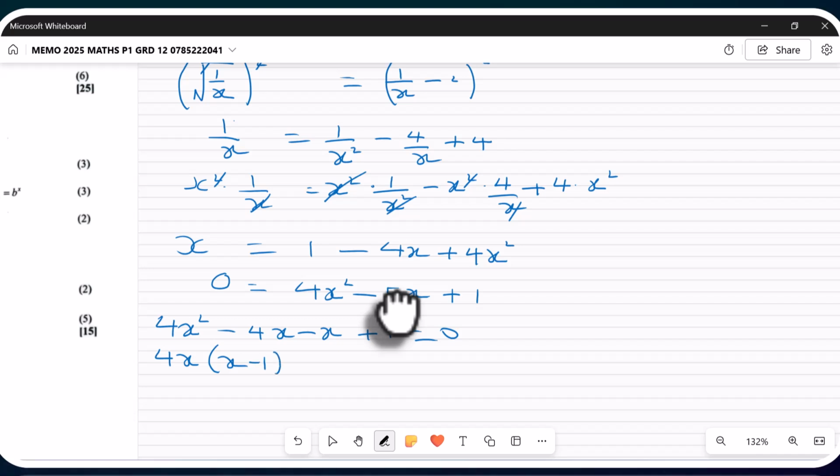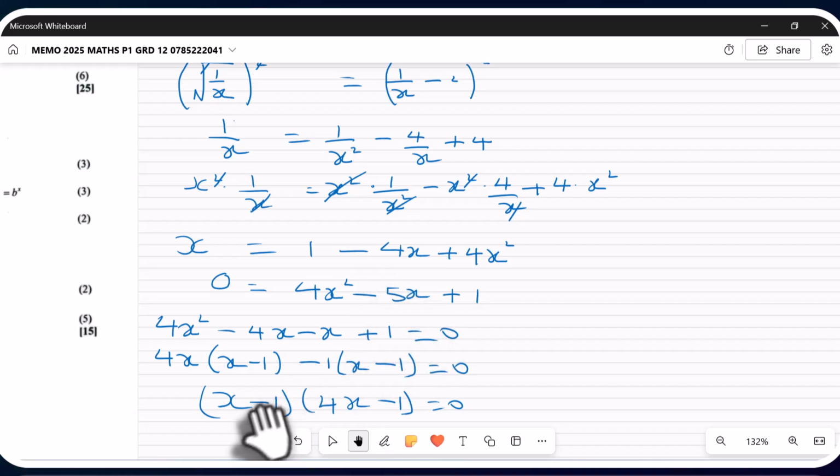With these two brackets, I say either x minus 1 equals 0, giving me x equals 1, or the other one.